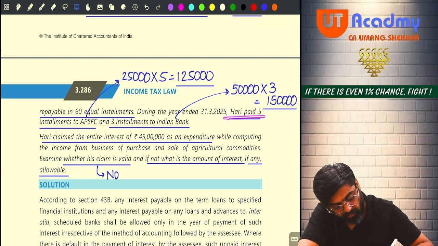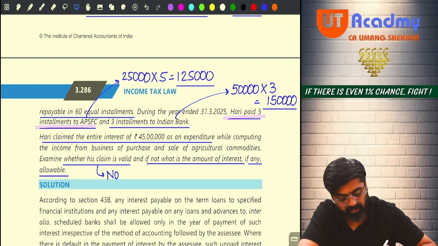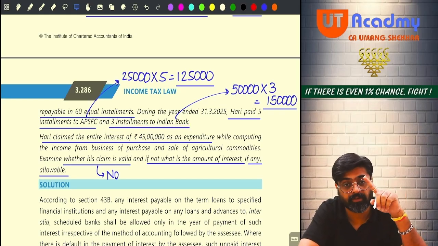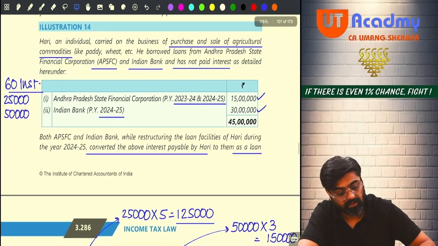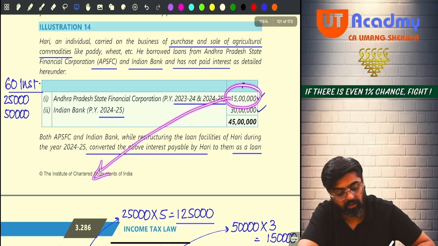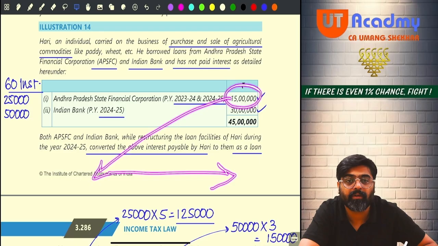Hari paid 5 installments of State Finance Corporation and 3 installments of Indian Bank. The loans were repayable in 60 equal installments. Meaning this was converted into a 15 lakh rupees loan to be repaid in 60 installments.